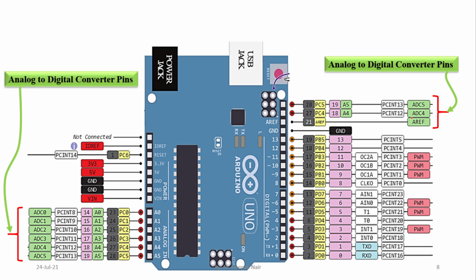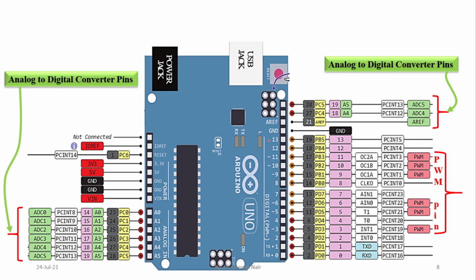AREF is analog reference. If we want to change the reference for analog input, we can use this pin. So let us right now just look into these pins. Later, when needed, we will be exploring in more depth.